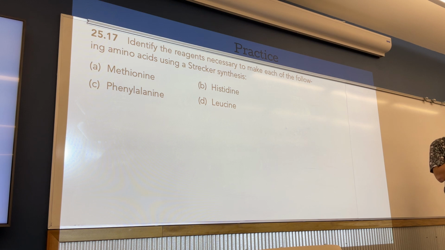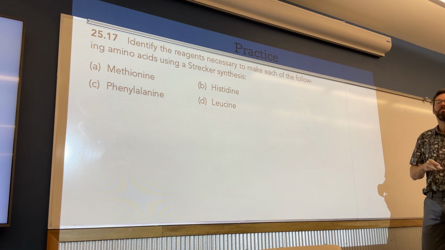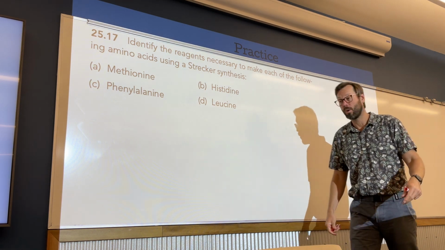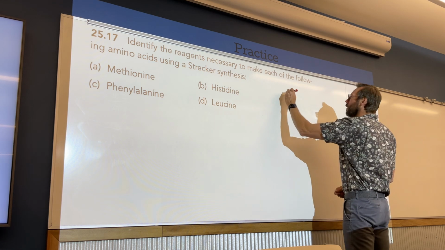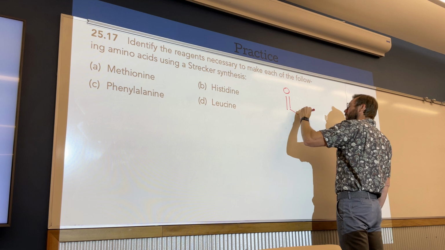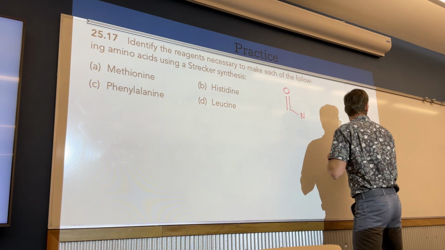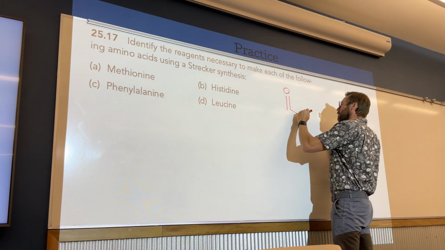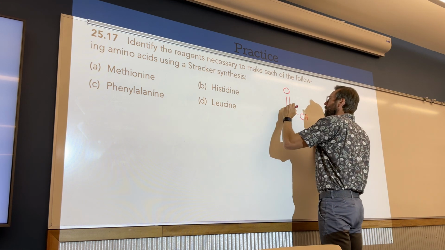So methionine is going to be what? Well, thio and meth kind of gives it away a little bit. We can draw our general structure of an amino acid.